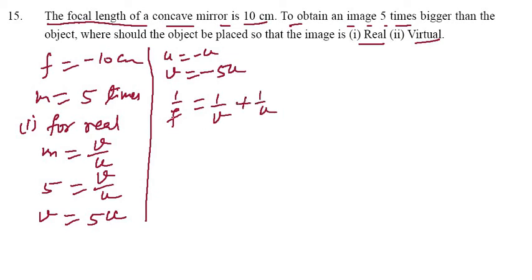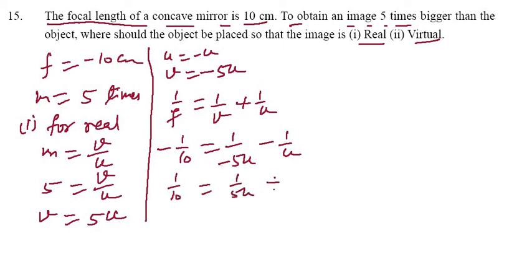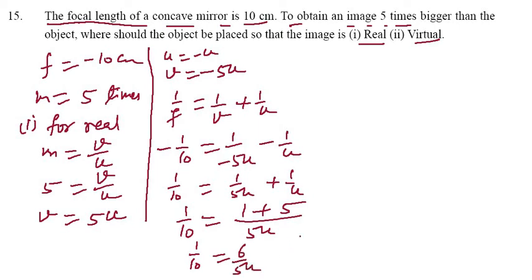So 1 upon f is minus 1 upon 10, v is given as 1 upon minus 5u, and minus u is also u. Now change all the sides. So 1 upon 10 is equal to 1 upon 5u plus 1 upon u. Taking their LCM, LCM is 5u, and here is 1 plus, and here is 5. So 1 upon 10 will be equal to 6 upon 5u.